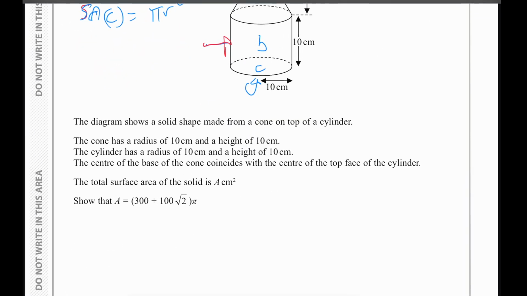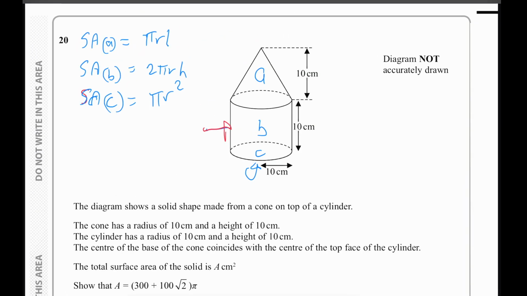All right, then we can just go about calculating all of these and plugging in our values. So let's work out surface of A first, and the surface area of A is actually the most complicated because this L is my slanted length. So it is not my vertical height, it is my slanted length. So in order to find that, I'm actually going to have to calculate the slanted length using Pythagoras.